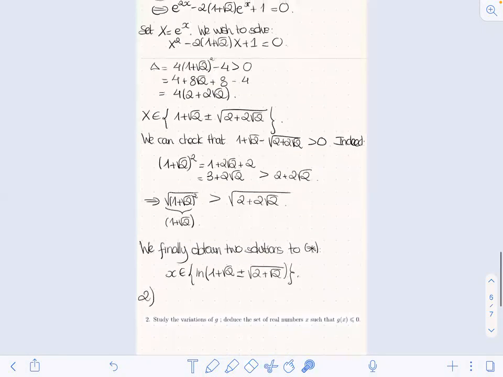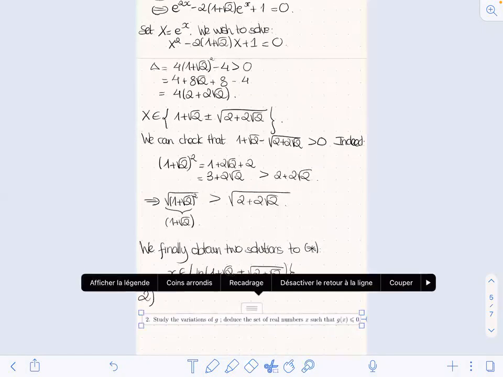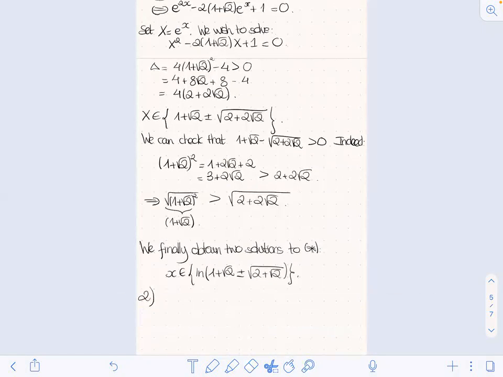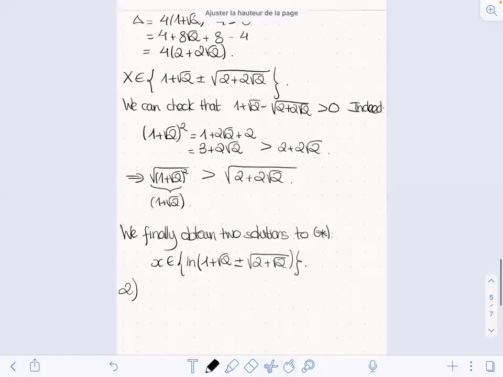It's not really clear from our analysis so far. Despite the fact that we've solved g of x equal to 0, we haven't paid much attention to the sign of g. We're going to do it through variation analysis. This is going to be the opportunity to review the different techniques that we have. So let's have a look at the variations of the function g.